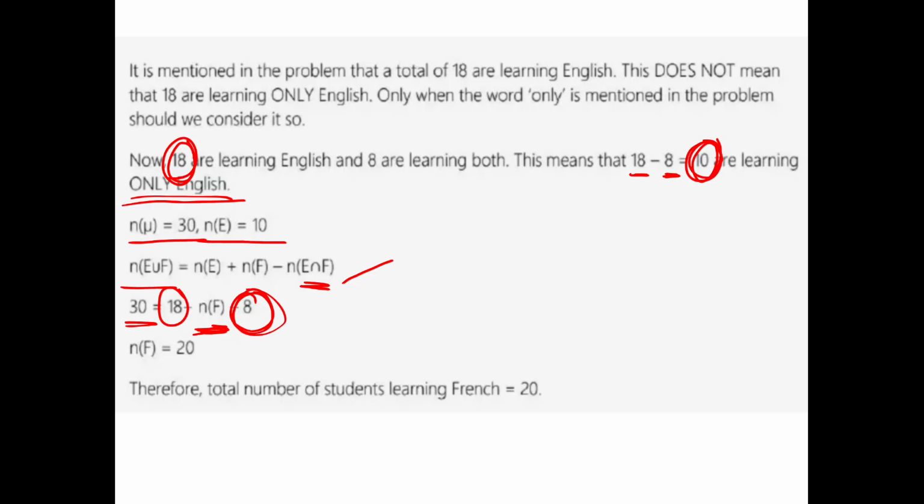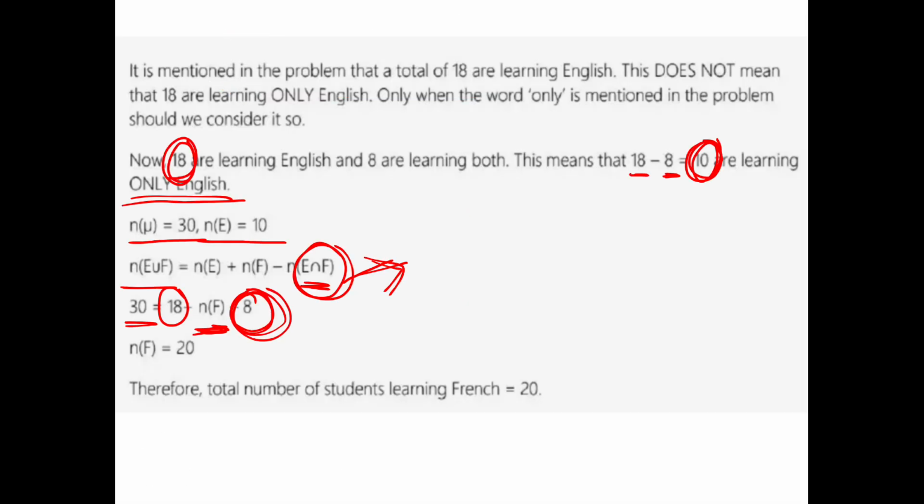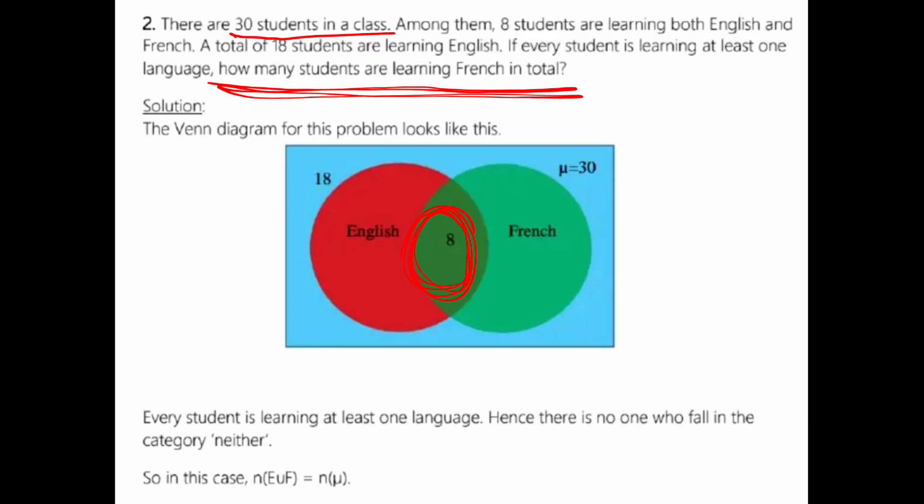I mean, it is not 18 minus 8 here. The E intersection F is the number of students learning both English and French, so that is 8.